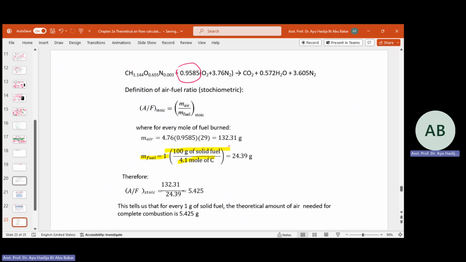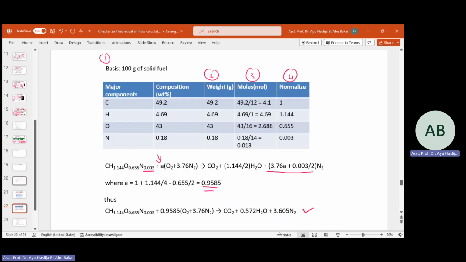Now what I want to highlight is m_air equals 4.76 multiplied by A, then multiplied by the molecular weight of air. Now for the fuel, 100 gram of solid fuel divided by the mole of carbon. Okay, 4.1, where does 4.1 come from? From here earlier. So it depends on how many moles of carbon you calculated. This is not fixed.